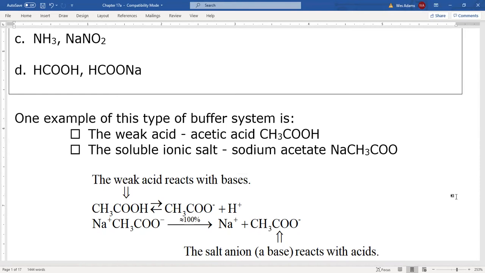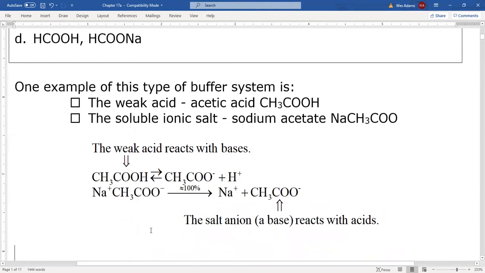So I have excess acetate ion from the dissolving of the salt. I have starting amounts of the acetic acid and of the acetate. So I've got an acid that will react with a base that's added and a base that will react with the acid that's added, minimizing any change in pH.